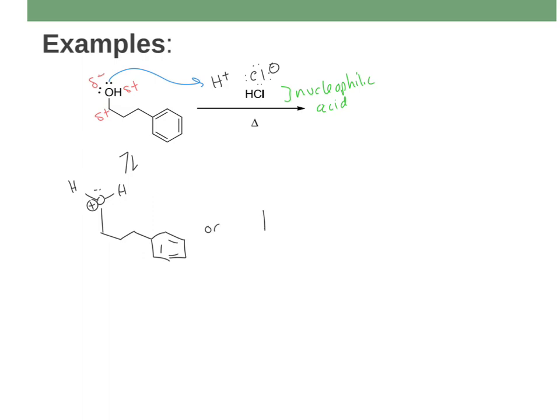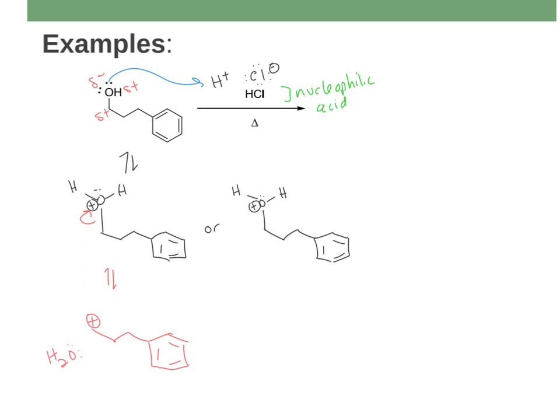So we'll look at two possible mechanisms. I'm going to ask myself, well, can it just leave by itself to go this direction, right? Can it just leave behind a carbocation like before, right, and give me water? That's what we did in the last mechanism.